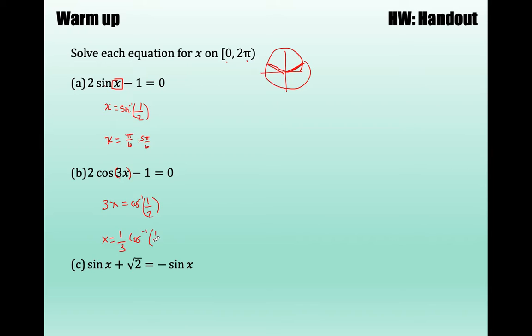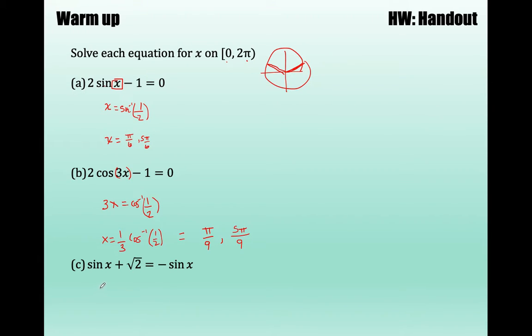So who has a cosine of 1/2, and then divide that by 3. Cosine of 1/2 would be positive pi over 3 multiplied by 1/3, so that's pi over 9. Cosine's positive in the 4th quadrant, so that would be 5 pi over 3 multiplied by 1/3, so 5 pi over 9.